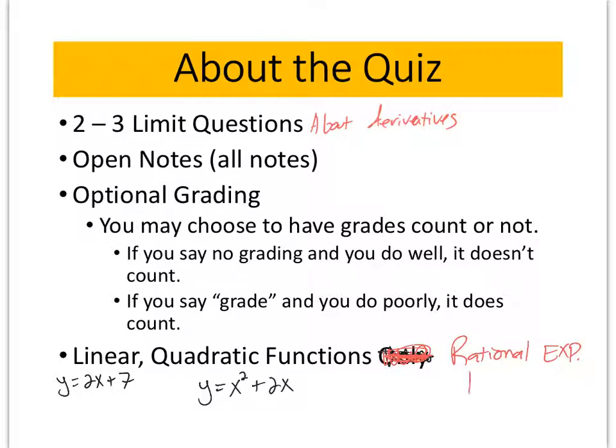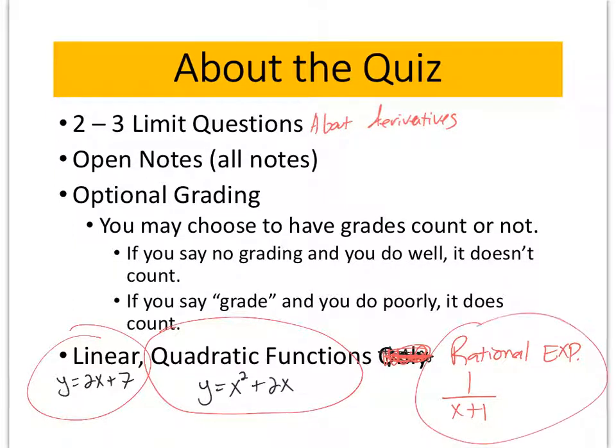They look like 1 over x plus 1, and we'll do another problem like that today here in class. So these are the three types of problems: linear functions, quadratic functions, and rational expressions. Those are the three types of problems that you'll probably encounter on your quiz that happens next Wednesday.